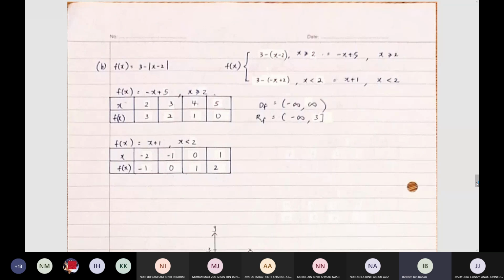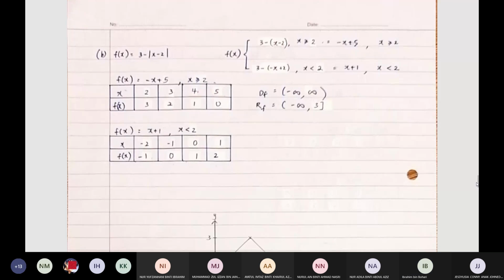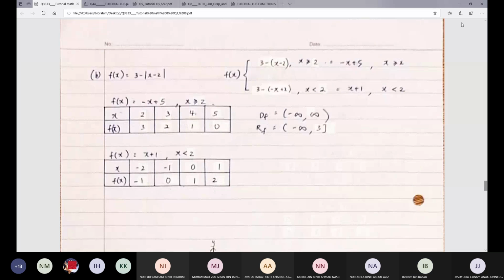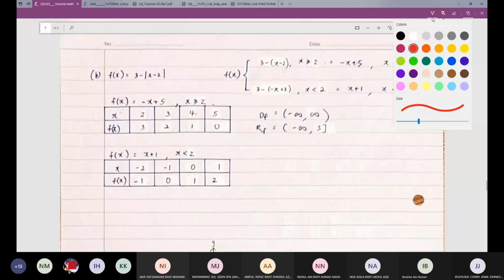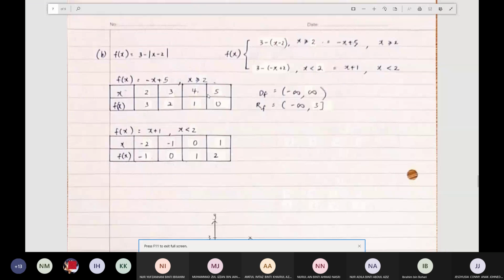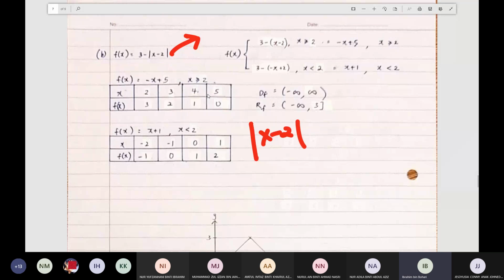First here, you write down the modulus function. Tulis ini ya. So first, modulus x minus 2 equals the positive function, x minus 2, and the value of x here greater than or equal to 2.